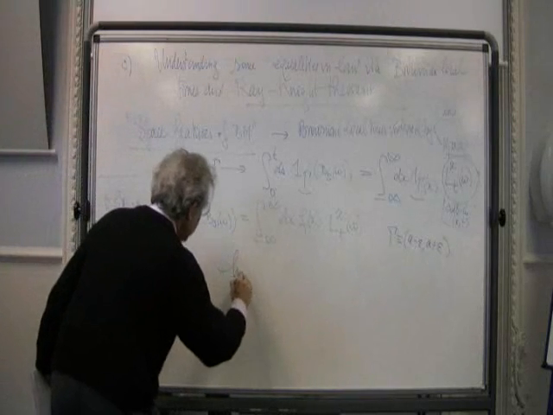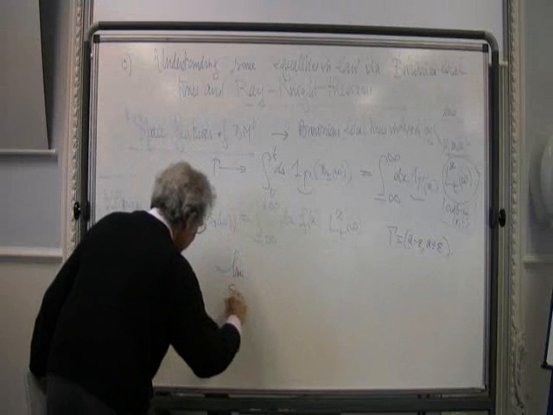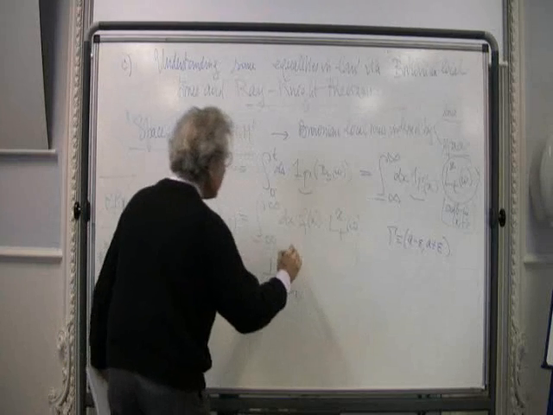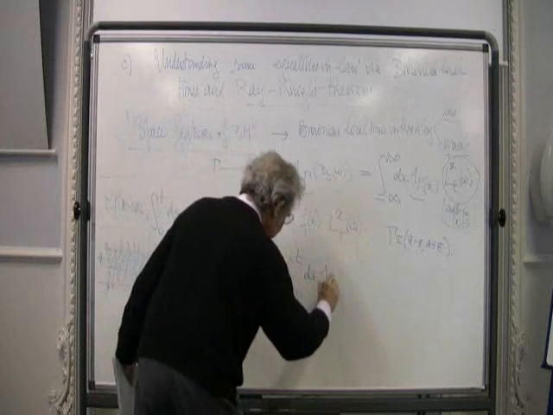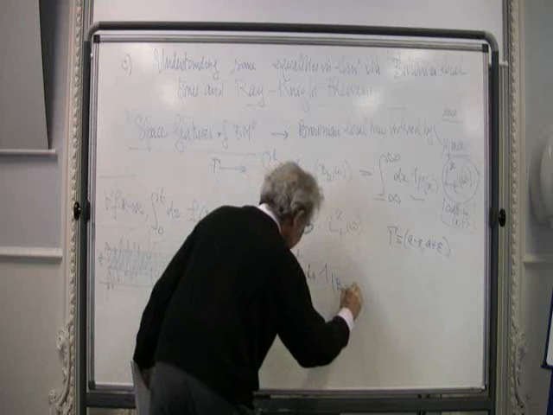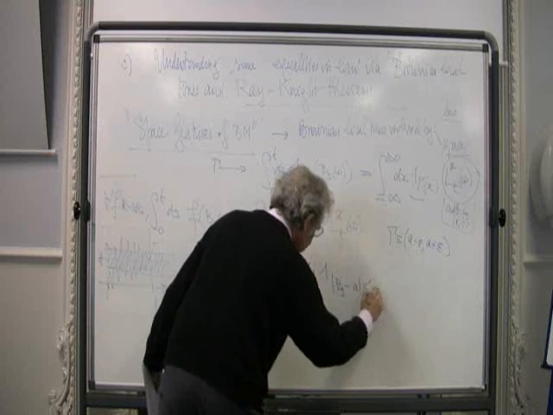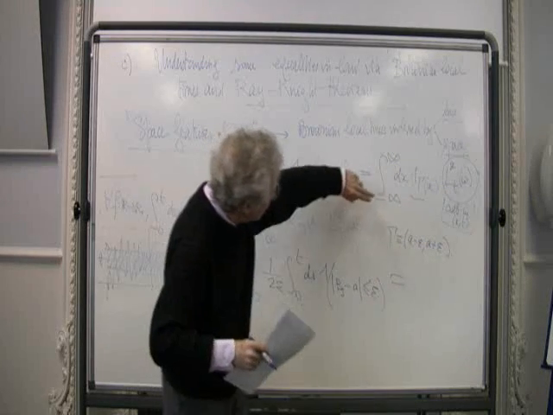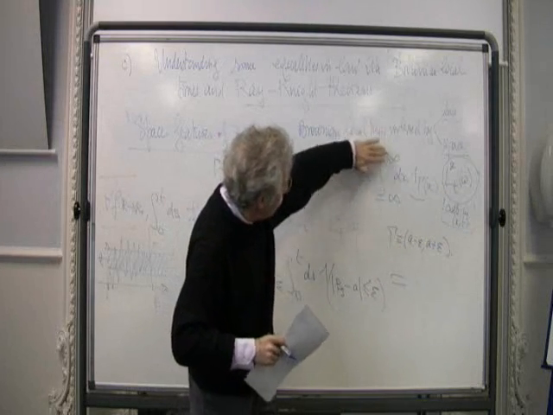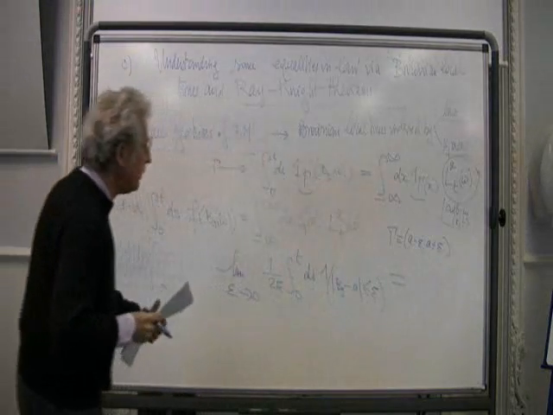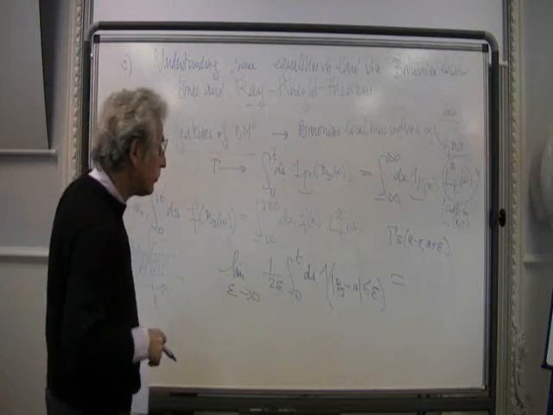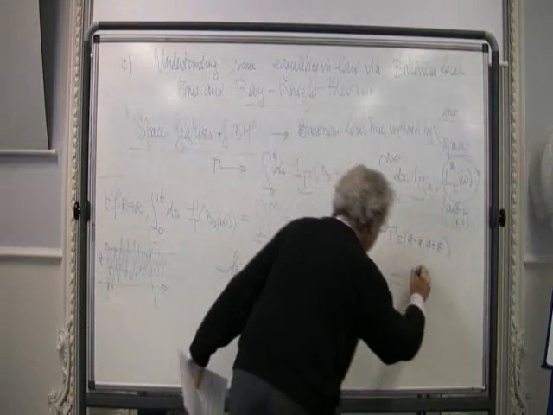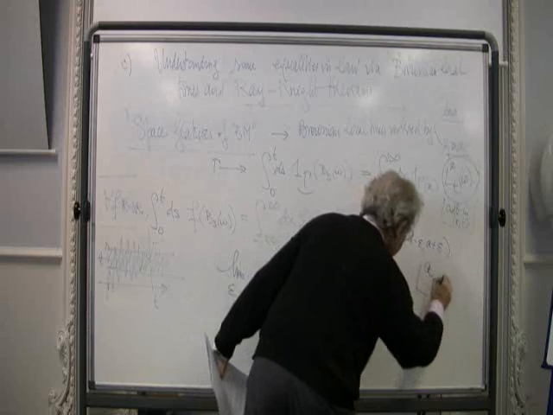So what we get is that the limit as epsilon goes to 0 of 1 over 2 epsilon, integral 0 to t, ds, indicator of absolute value of B_s minus a smaller than epsilon, is equal to, by the continuity which I am assuming, L^a_t of omega.